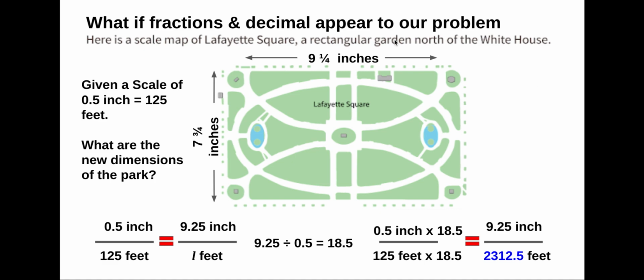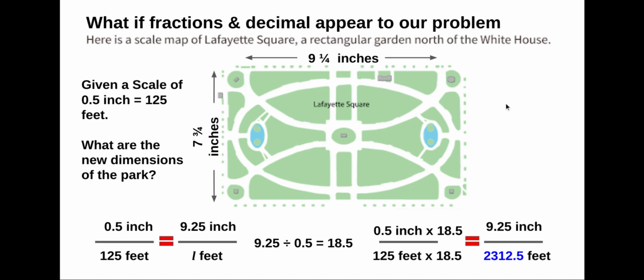So we have 9 1/4 by 7 3/4. First we want to find out what the 9 1/4 inches is. 1/4 is the same thing as 25 hundredths. So if a half inch equals 9 25 hundredths, we have to figure out what times half an inch equals 9 25 hundredths. We have to divide 9.25 by 0.5, and that's 18 and a half.